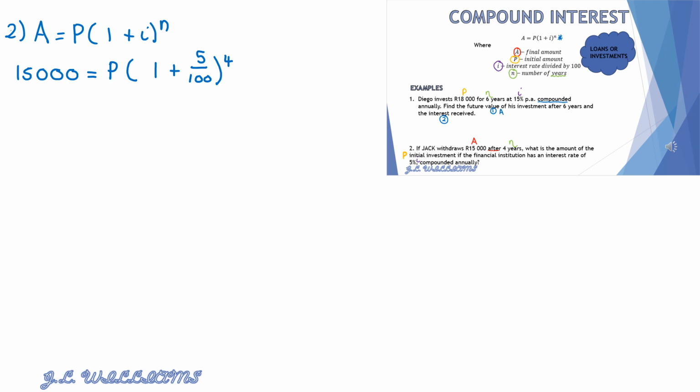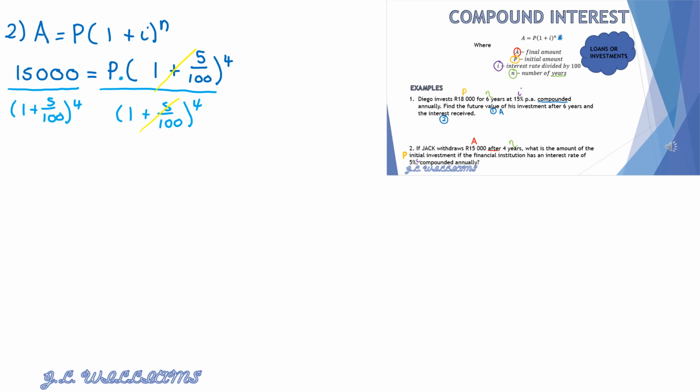So we of course want to solve for P, so we want to go ahead and just divide both sides by this bracket and that exponent to get rid of it. So we divide both sides by this, right? On the right hand side, those two values will equate to 1 when we divide it, so we just have to work out the left hand side.